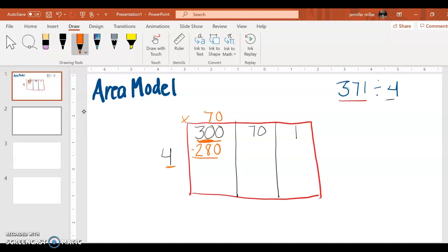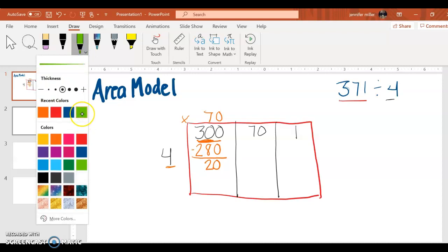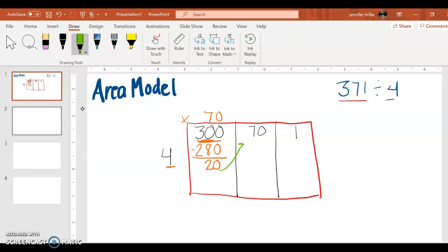And then I'm going to subtract to find the difference. 300 minus 280 is 20. Now remember, I cannot keep any numbers in this column, so I have to take my 20 over here and add it to the 70 that's already there. And now I have 90.